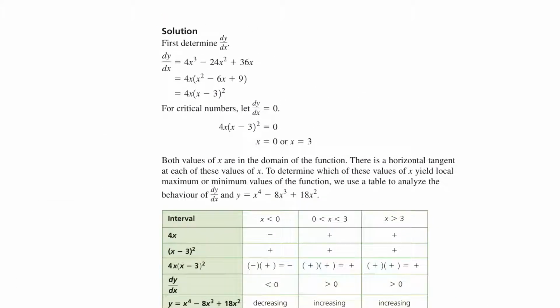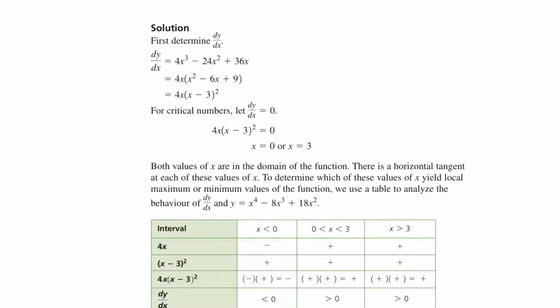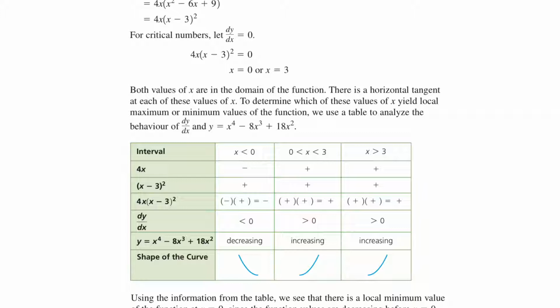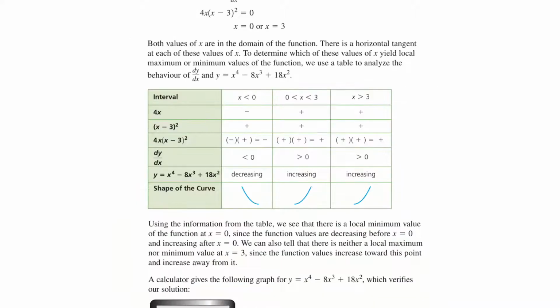If we apply the addition subtraction rule for derivatives, the derivative is 4x^3 minus 24x^2 plus 36x. 4x is a common factor, and x^2 minus 6x plus 9 is (x minus 3)^2. If we set the derivative to 0, we have x equals 0 or x equals 3.